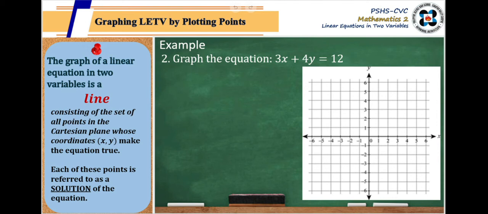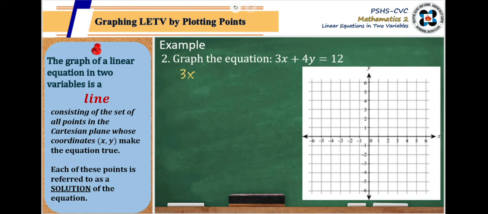To identify other solutions, we can select any value of x and use the equation to find the corresponding values of y. Remember, it is easier to solve for y if we isolate y first on one side of the equation.